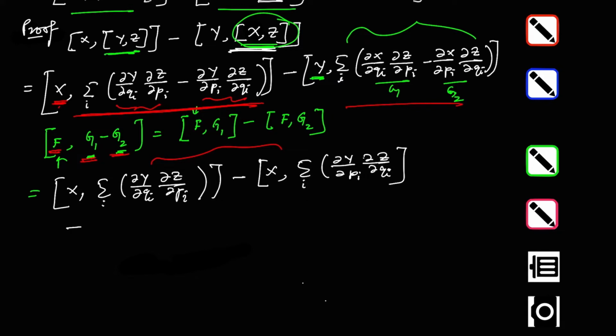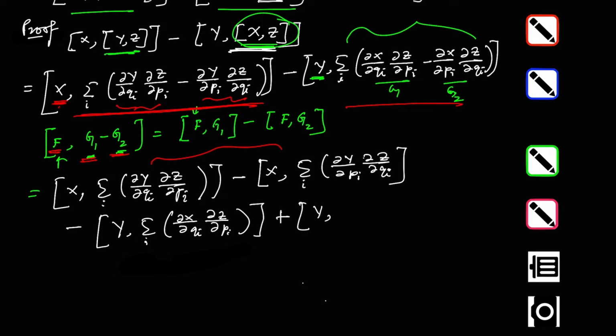Those are minus the Poisson bracket of y and the summation of del x by del qi, del z by del pi, plus the Poisson bracket of y and the summation of del x by del pi, del z by del qi. So this is what we have got now.